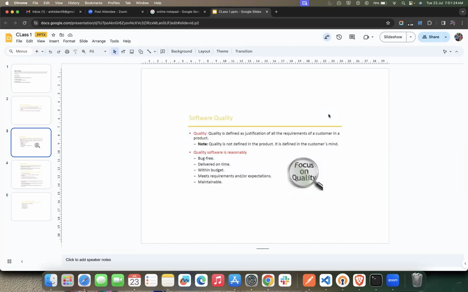And it should be feasible enough for a company to develop. At times there are requirements that are not even feasible. Like if I go to any organization and ask them to develop a teleportation software for me. That's not possible because we don't have any teleportation device yet, correct?